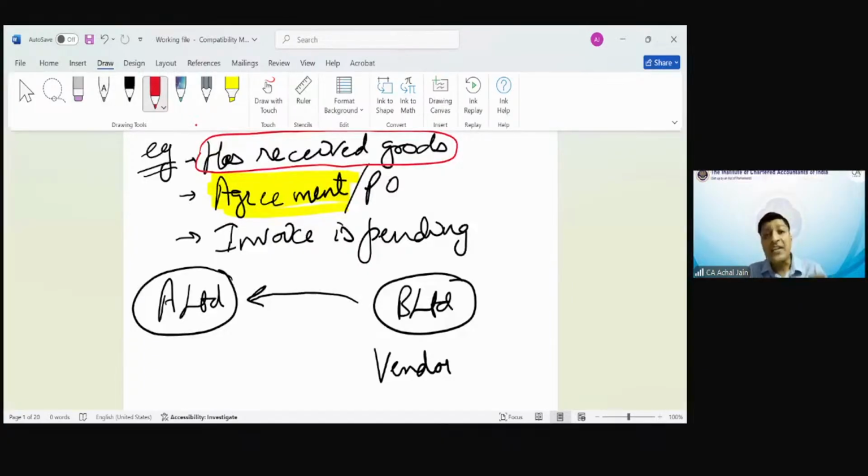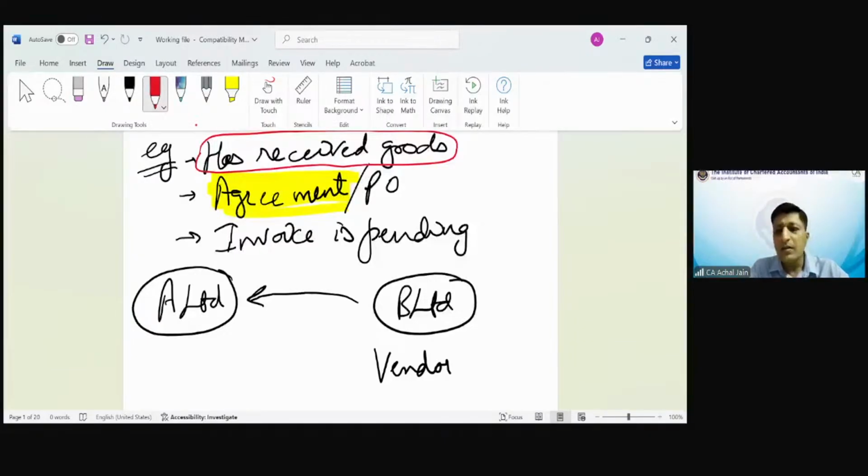Okay. Now, if the goods are received, will A not be obliged to pay? And will that not be already agreed in the agreement that from the date of this receipt, maybe in 30 days, maybe in 60 days, maybe in 90 days, the payment is required to be done? Will that not be known to A? Tell me, will that not be known to A?